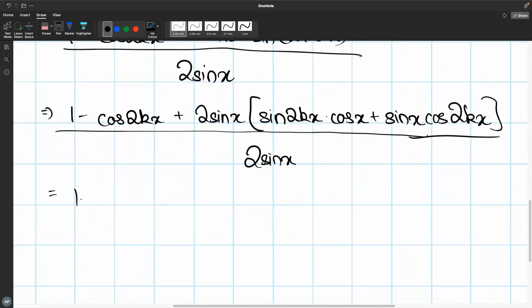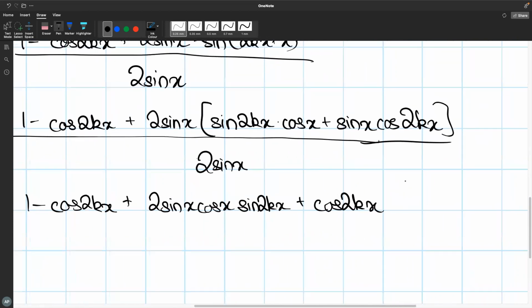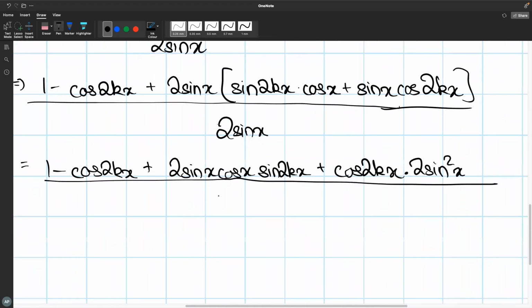Now we can open up the brackets, and we get 2 sine x cosine x sine 2kx plus cosine 2kx times 2 sine square x. I've shifted the terms around, but it'll make more sense as we continue. So this is all over 2 sine x.